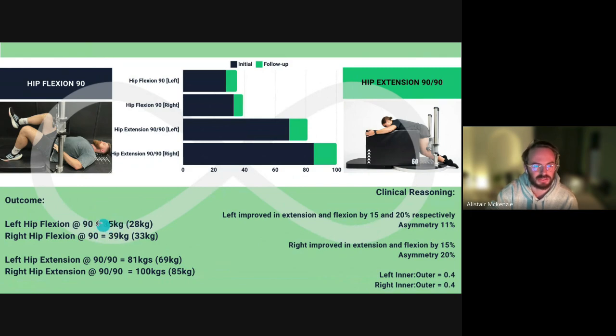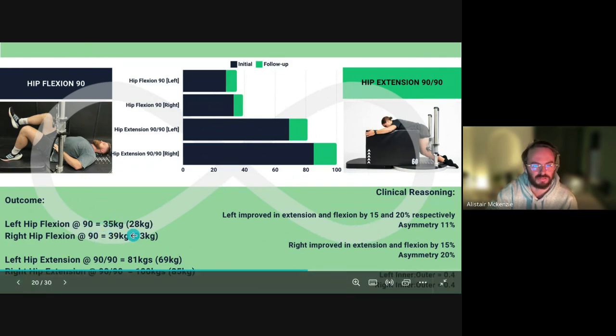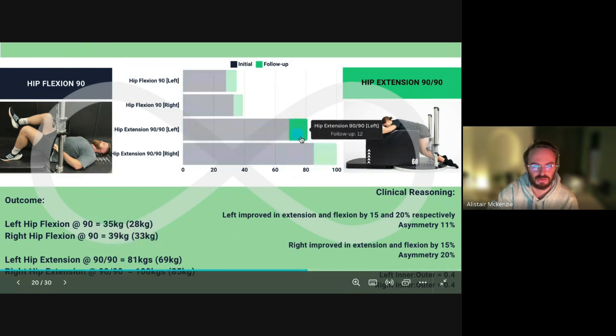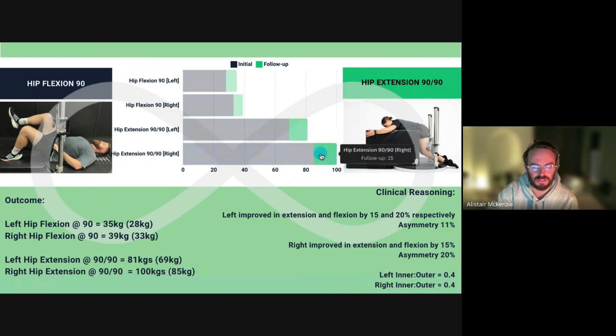So again, just teetering into where we would be comfortable with. And the right side was well within our bandwidth and pushing up. The asymmetry improved down to around 10%, 11%. The left hip extension improved to about 81 kilos and then over body weight on that right side. And that creates this asymmetry between these two, which again is important to consider.